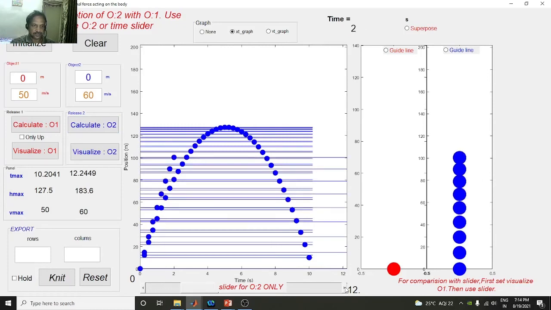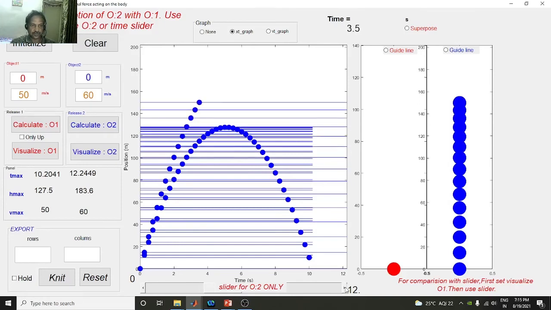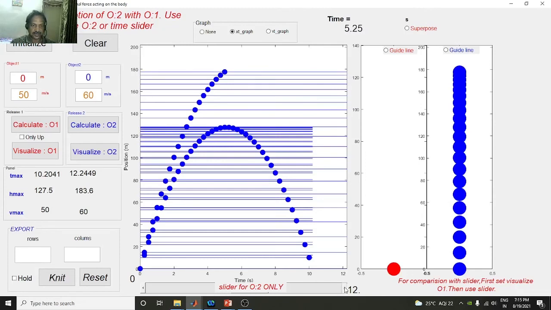Since the speed is more compared to the earlier case, it would go to more height, more than 130 meters, which was the last case. So it has reached almost up to 185 meters.